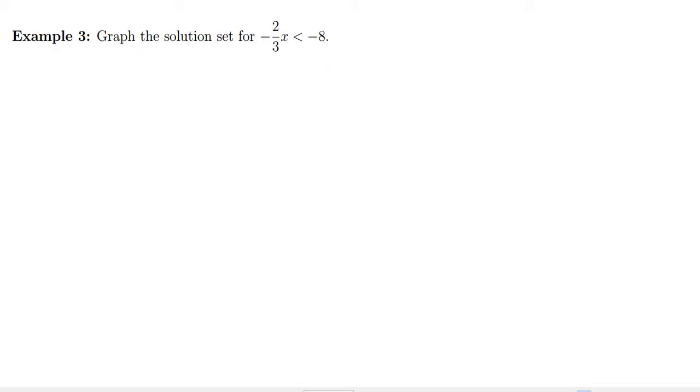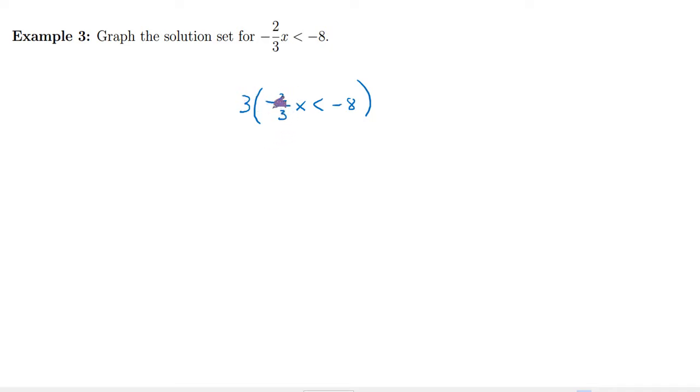So in this example, we have a fraction, and similar to how we were solving these equations, what we would probably do is multiply by the least common denominator. So in this case, let's multiply both sides of the inequality by 3, since this is the denominator of the fraction.